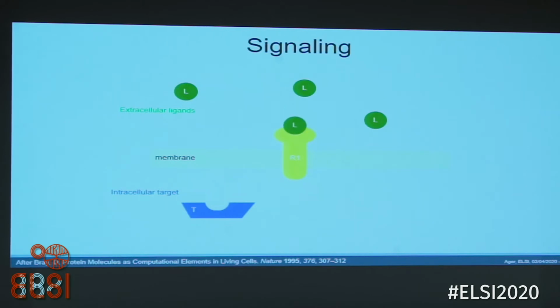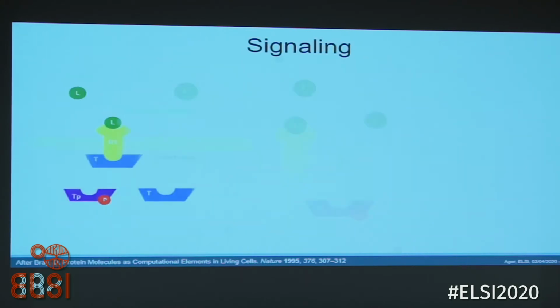And I'm just going to show a simple model where the ligand binds to the receptor, binds the target inside the membrane, phosphorylation, and then diffusion away. And this is a pretty classic case, I think known to many in the room. Its behavior can be modeled by a number of rate constants: the binding of the ligand, the binding of the target, and then the phosphorylation rate.